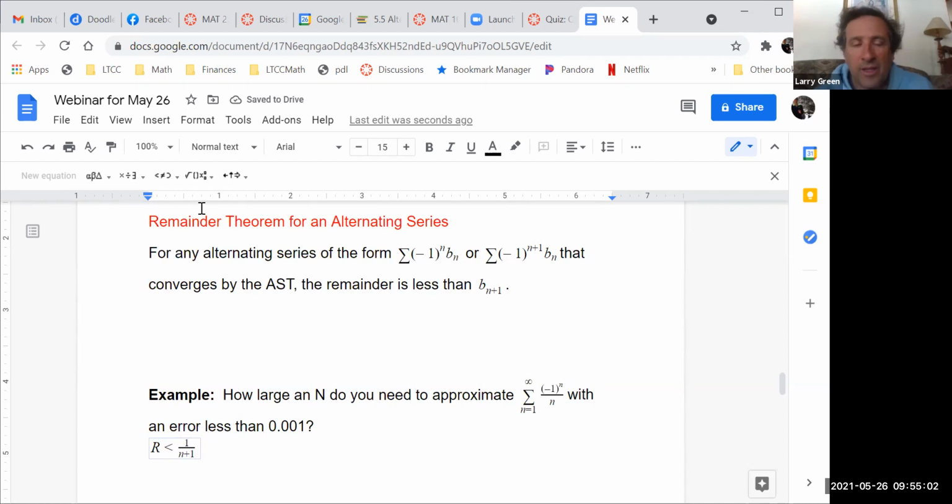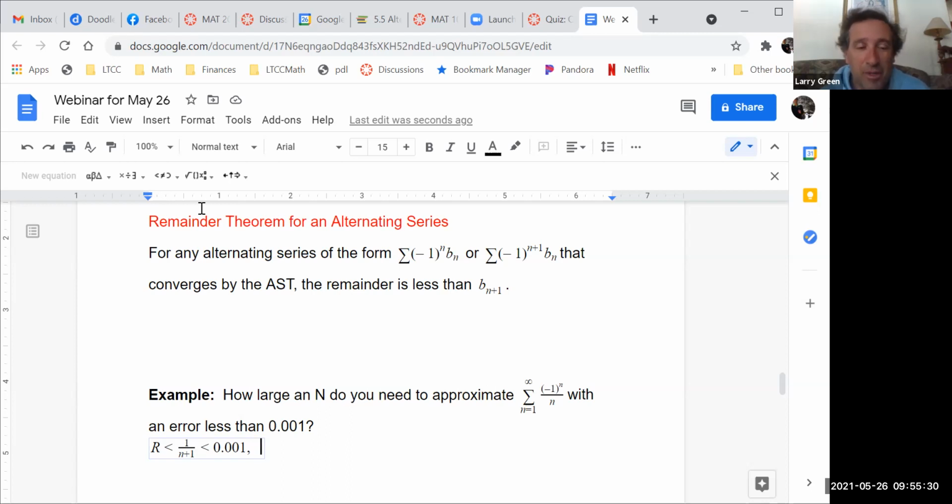Okay, because basically you take an absolute value, it gets rid of the whole -1 stuff, and then we plug in n plus 1. And then we want that remainder to be less than 0.001. Any questions so far? All right, and hopefully you're used to this in basic algebra.